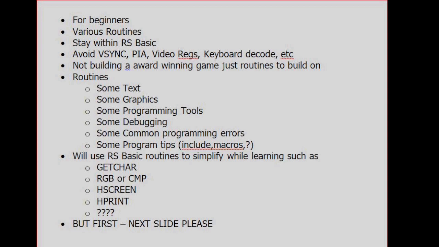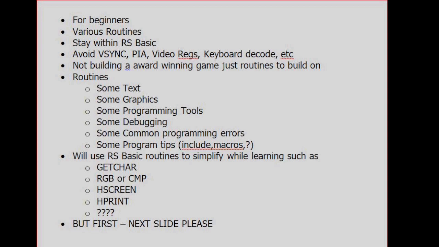for the learner. Okay, we'll use get character, which is like if you're using Basic and you do A$ equals INKEY$. If A$ is equal to quote quote, then go to that same line number. We're going to do the same thing. We're going to jump over to Basic, do a get character, and branch back to that same routine until it gives us a character from the keyboard. The RGB and composite commands.